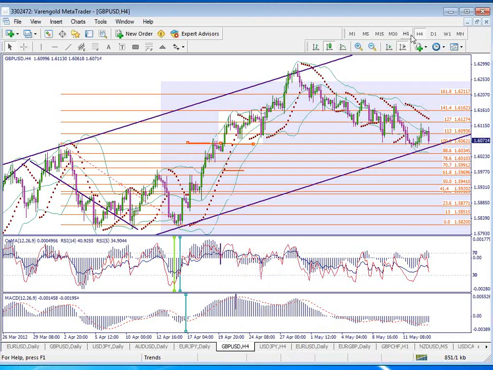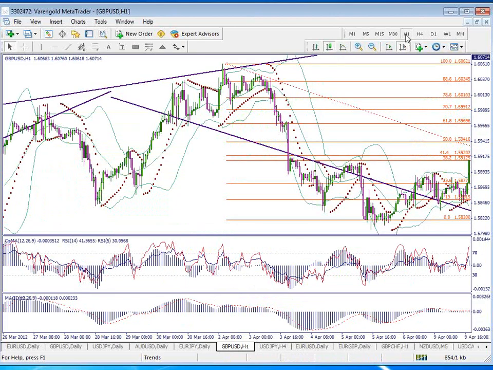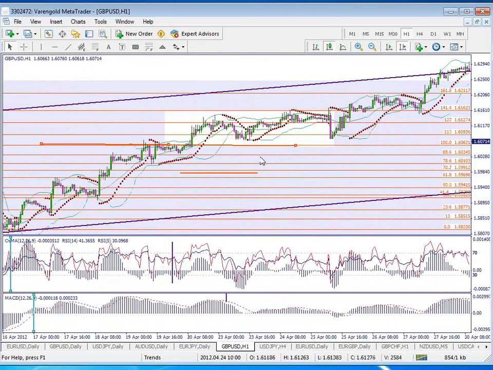Let's see what I have in the 1 hour time frame. Those were my signals for sell. Yes. Here in 1 hour, I have one signal for buy.